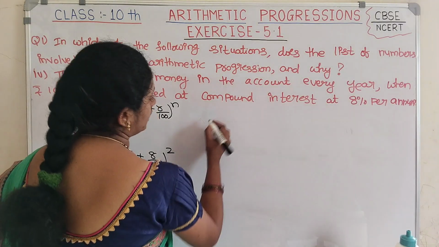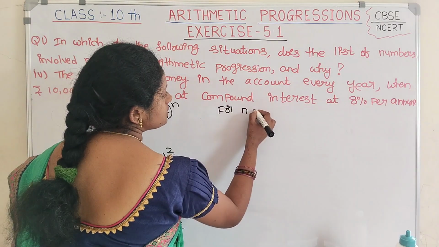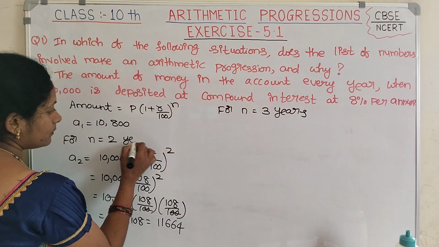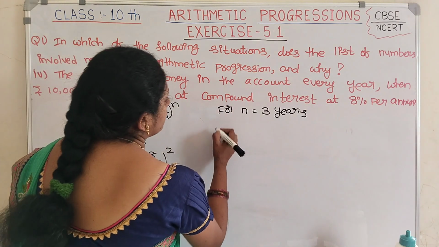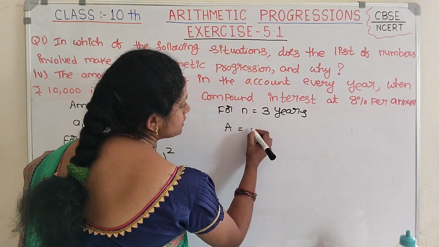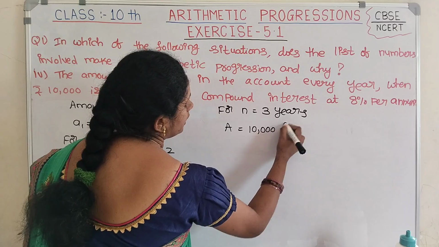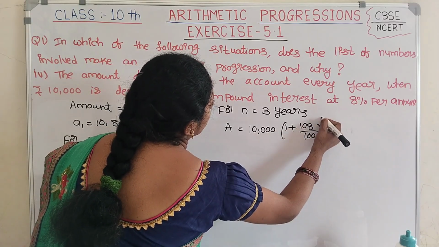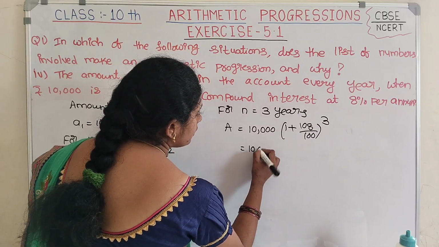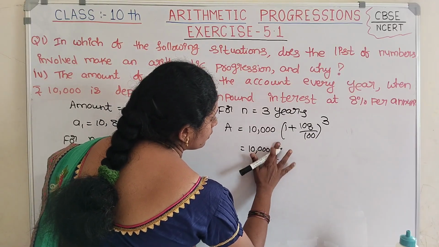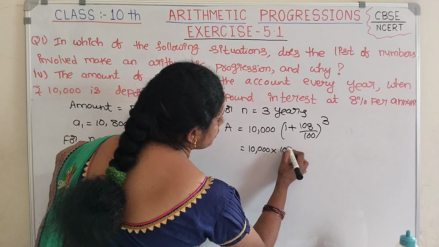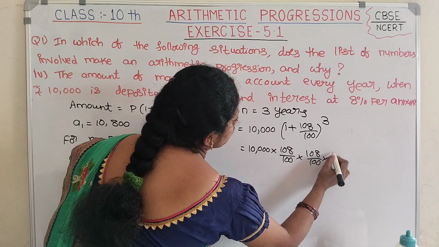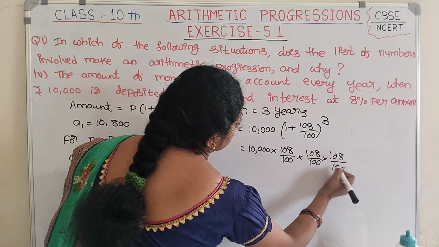Next, calculate A3 for n is equal to 3 years. Then the amount is equal to 10,000 into 108 by 100 whole to the power of 3. 10,000 into 108 by 100 into 108 by 100 into 108 by 100.